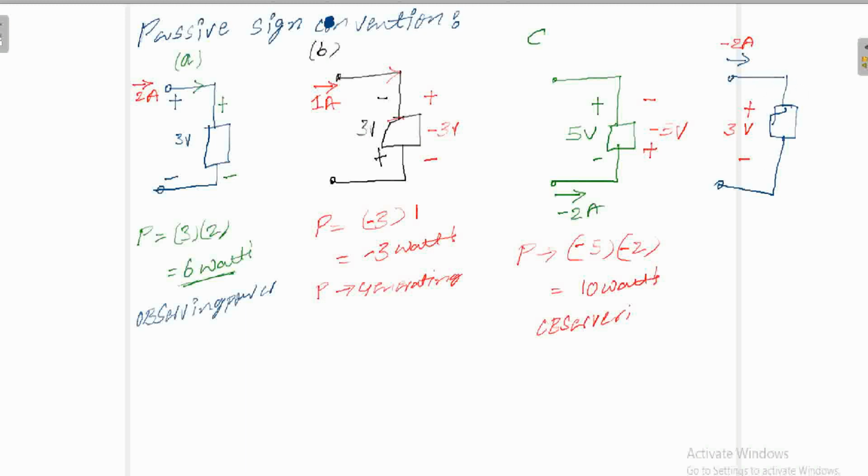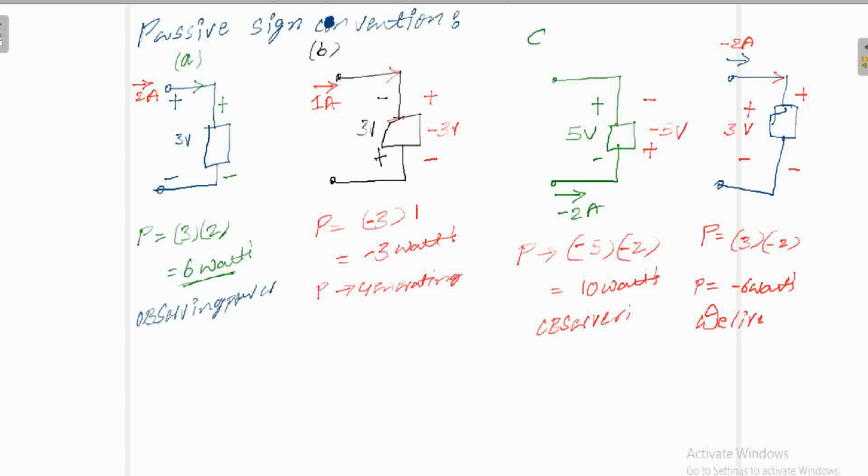So this is your positive and this is your negative. So it is entering into the positive polarity. So P is equal to 3 into minus 2, which becomes P equal to minus 6 watts. So here this element is delivering power or generating power.